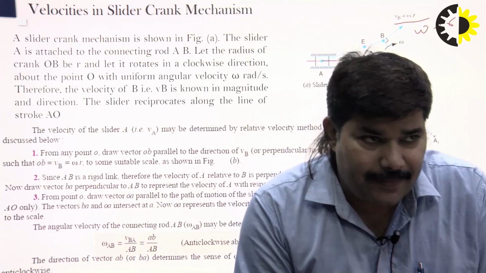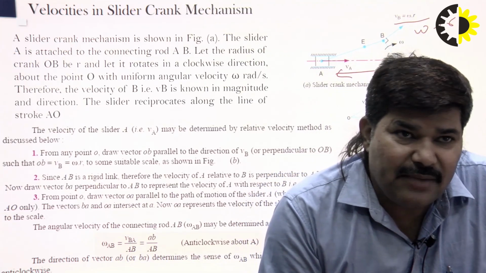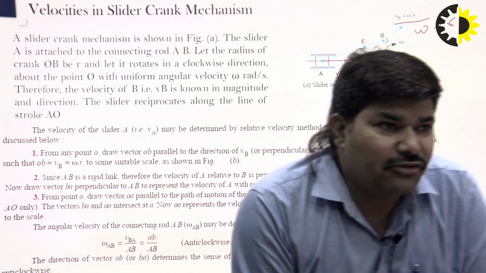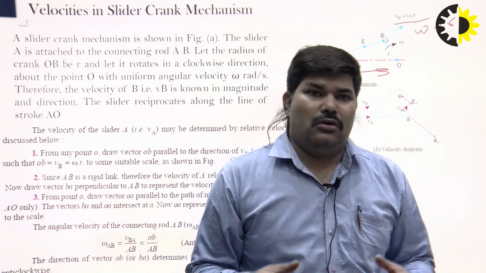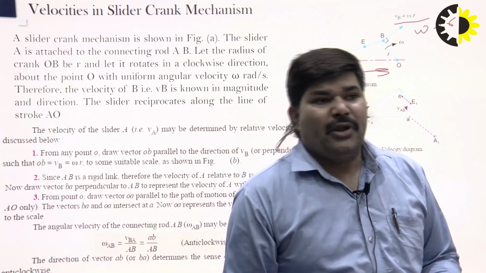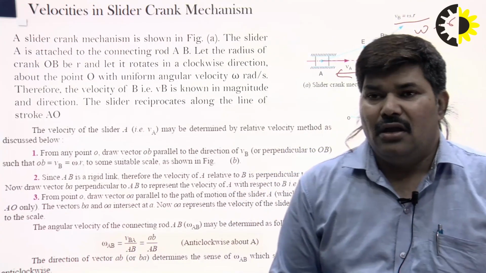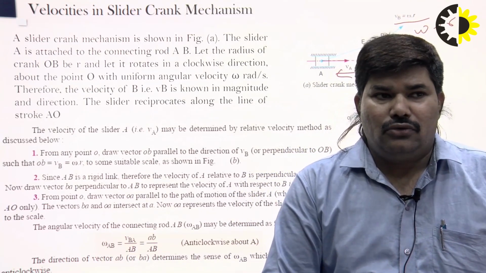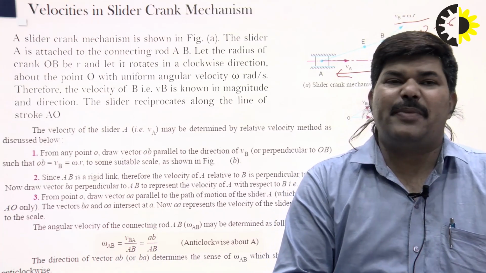How to determine? Again, the same thing. Take any point O, the pole point, right, and draw OB parallel to the direction of velocity of B, perpendicular to OB.